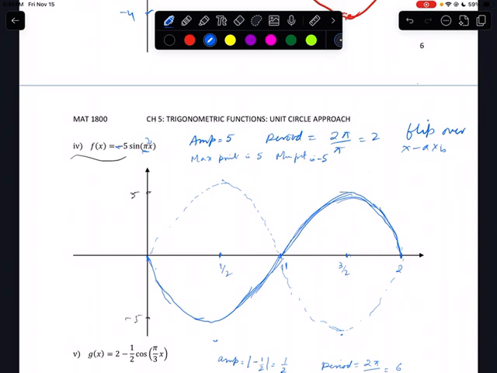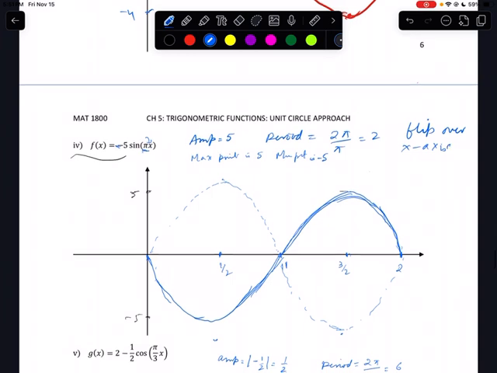So the maximum point in this case will be just 5, and the minimum point will be -5, and we have a flip over the x-axis transformation. So the graph will look like this. Of course it is going on and on, but we are only graphing it in one period.